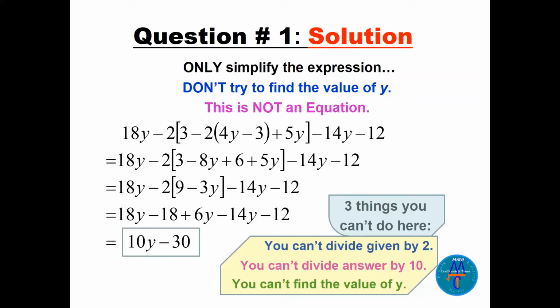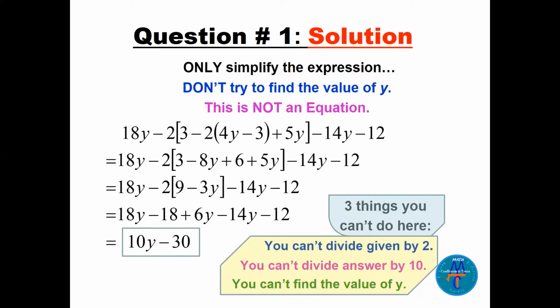I cannot add other numbers. So minus 2 times 9 is minus 18. Minus 2 times minus 3y is plus 6y. Then I put the other numbers and add. See, 18y, 6y, minus 14y, 10y, minus 30. That is the answer.